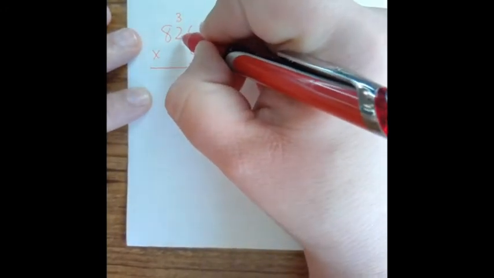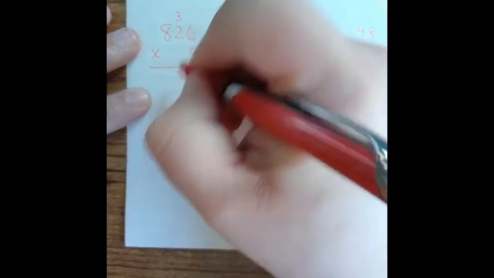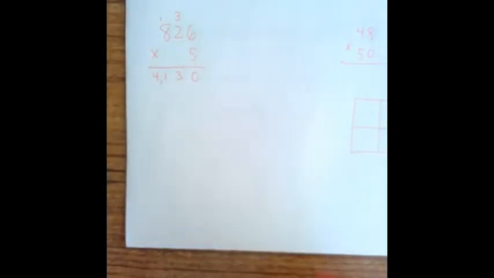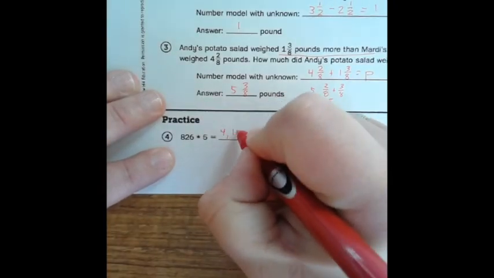You've got to carry that 3. 5 times 2 is 10, plus 3 more would be 13. You put your 3 here, you carry 1. 5 times 8 is 40, plus your 1 is 41. So our answer here is 4,130.